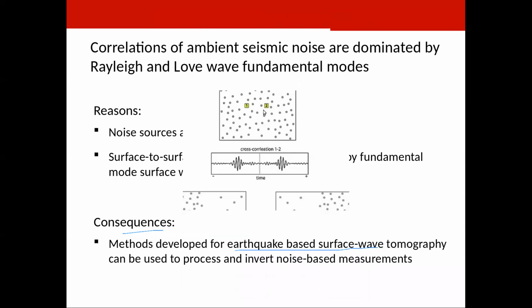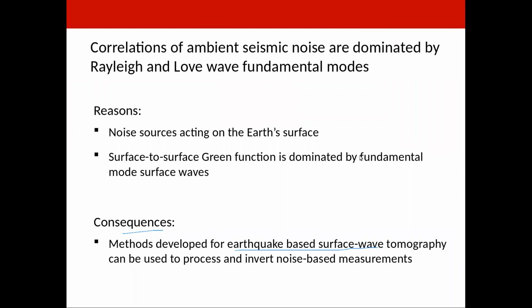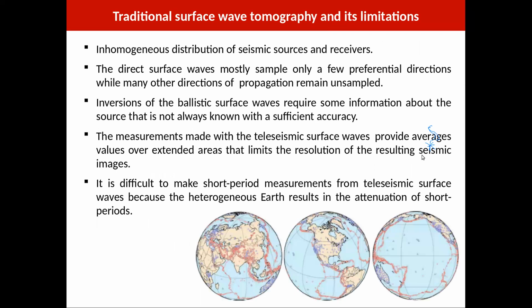Okay, so that's the consequence of this. So in the end, we have bypassed the requirement for a source, and we're just using the noise-based surface wave signals. So we just use the same techniques.